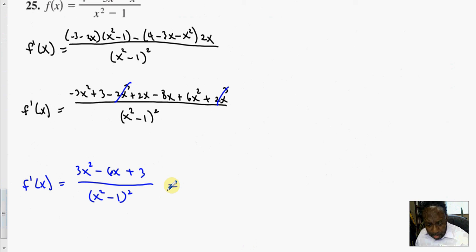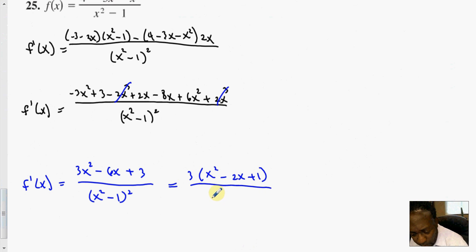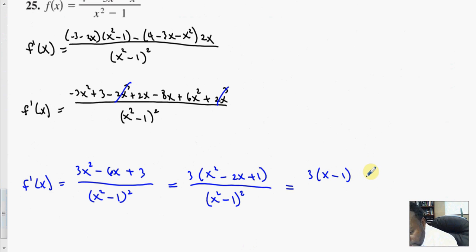And it looks like we can continue the simplification. The numerator, you can factor out a 3, so we have x squared minus 2x plus 1 all over x squared minus 1 to be squared. Well, this numerator looks like 3 times x minus 1 to be squared.